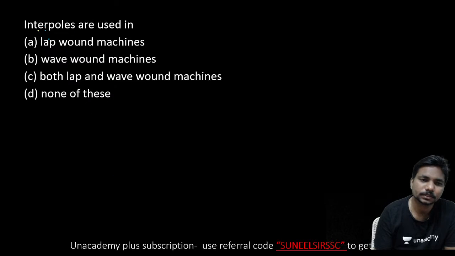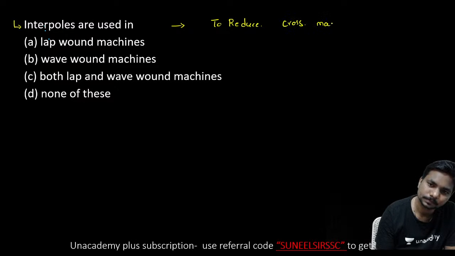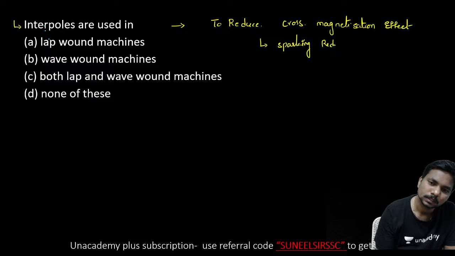In the previous session we have already discussed that interpoles are used to reduce the cross magnetization effect, thereby sparking reduces, thereby improved commutation.